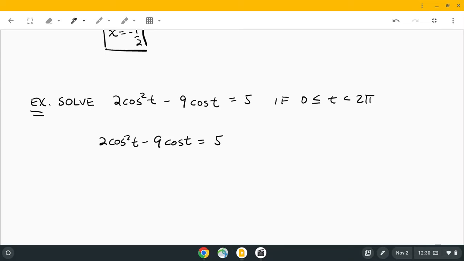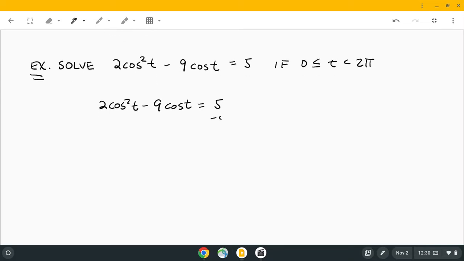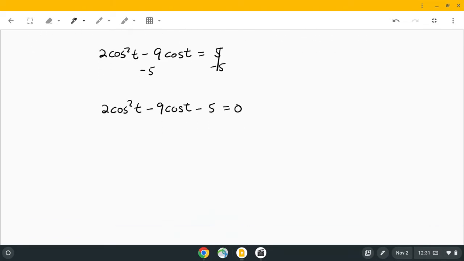All right, so I need to subtract 5 on both sides. Set it equal to 0. And then here, I can go ahead and start factoring.